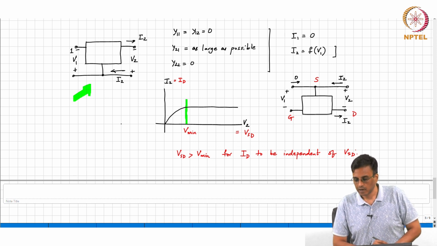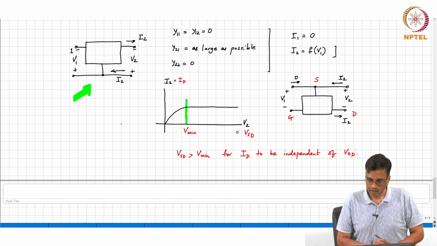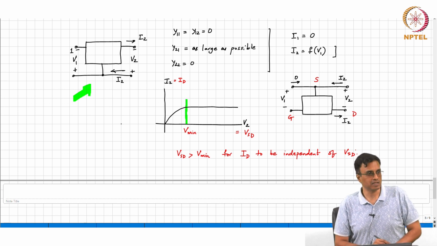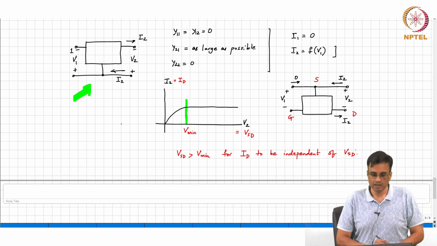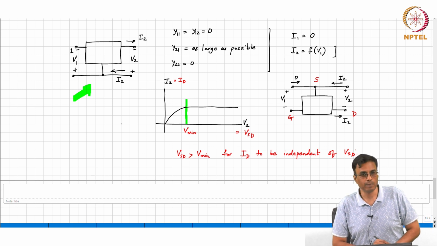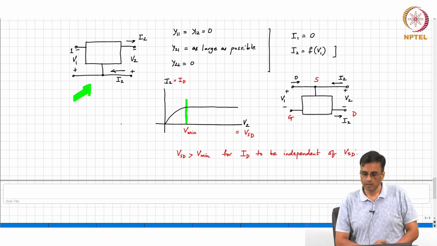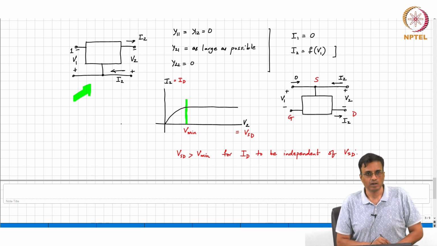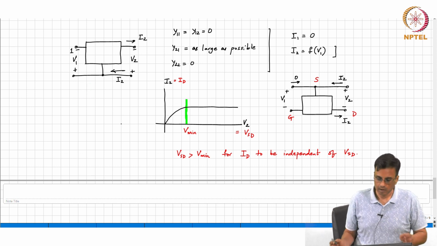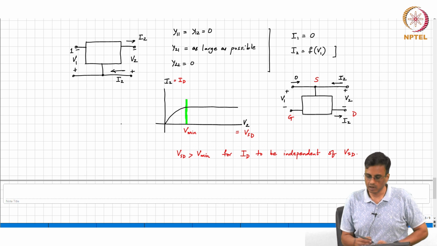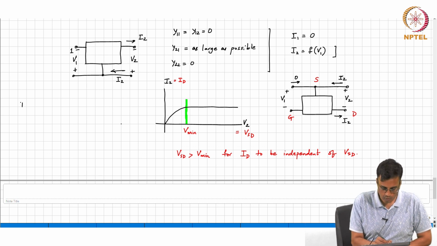In the NMOS case, this statement would be: VDS must be greater than a minimum voltage for ID to be independent of VDS. And the equations, surprise, surprise, are also very similar. Now you know the orientation, so it should be straightforward to write the equation.